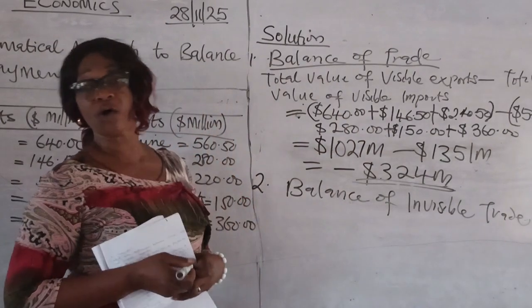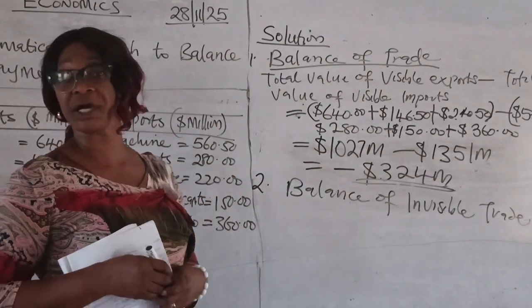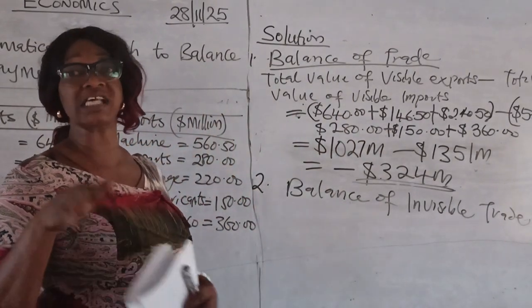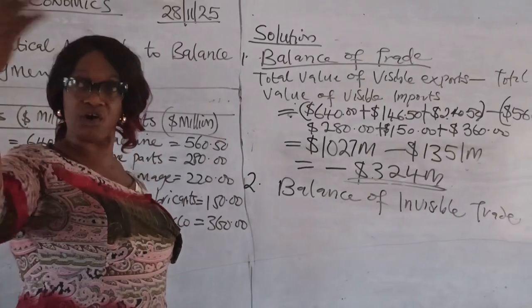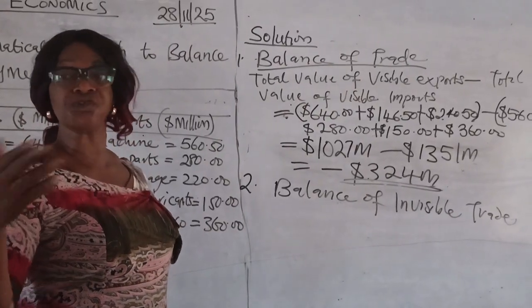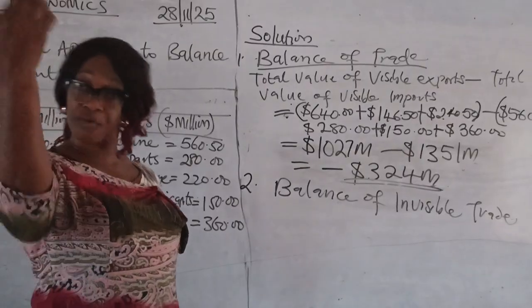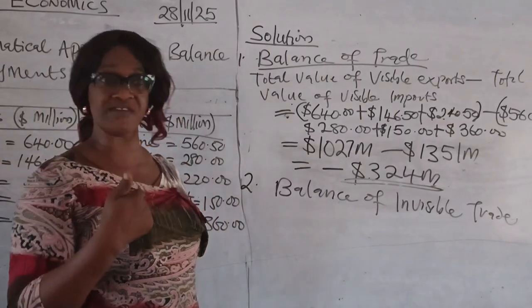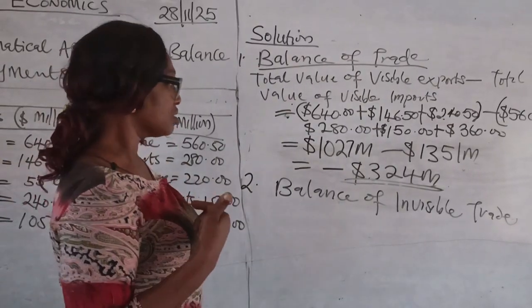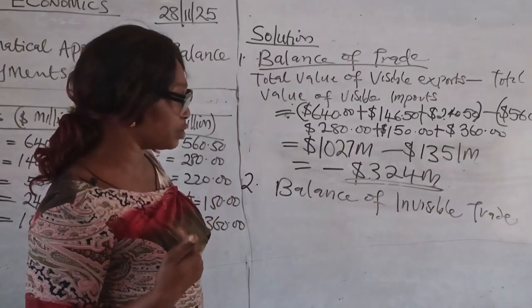Of course, we know what is invisible. Those things that we cannot see. They are services to other countries, and even other countries coming to our own country to render services to us. So what are our invisible trade?